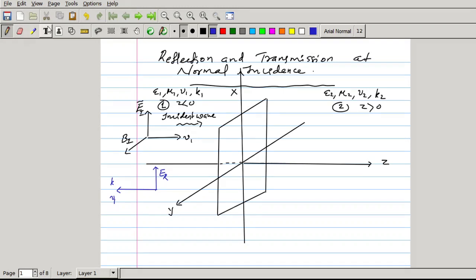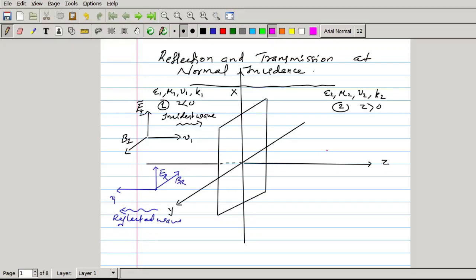So the magnetic field of the reflected wave will be along the negative y direction. The reflected wave is traveling along the negative z direction. So some part of the wave is reflected and some part will be transmitted.